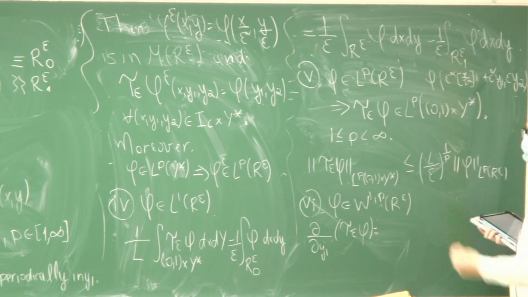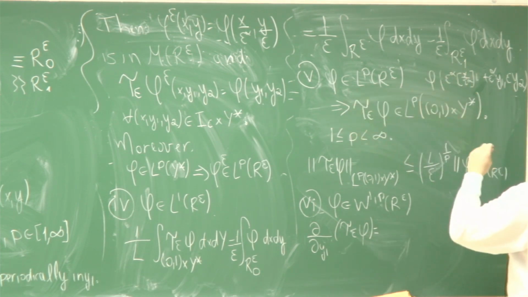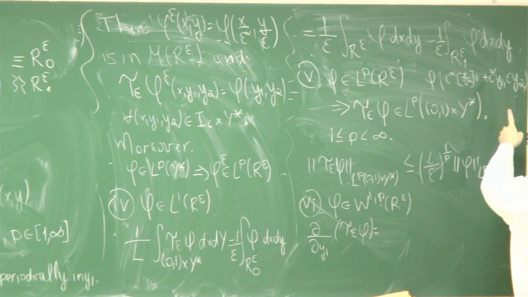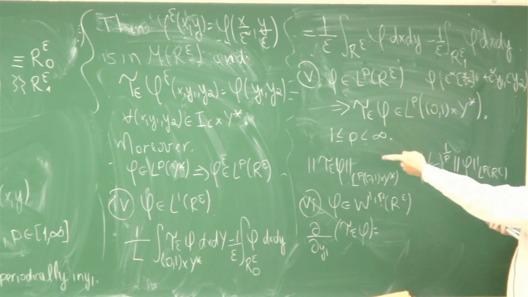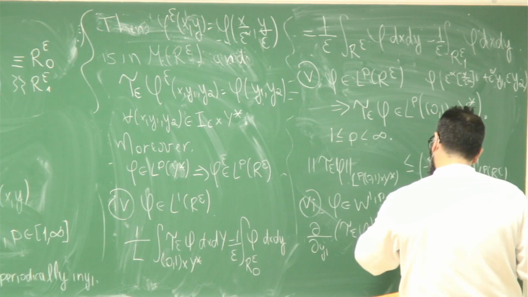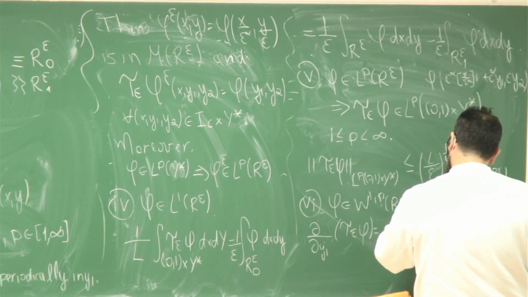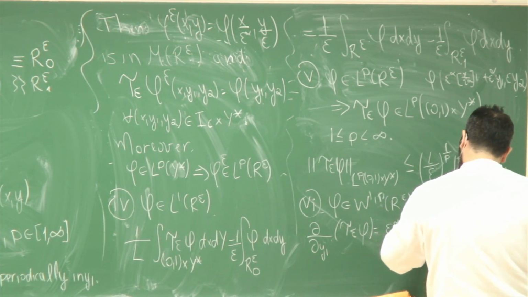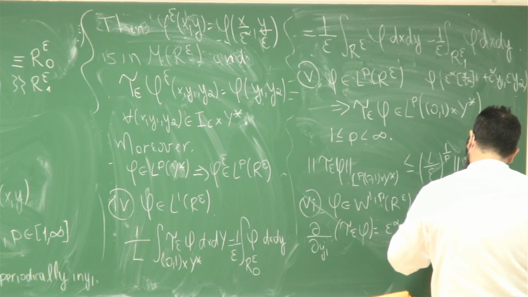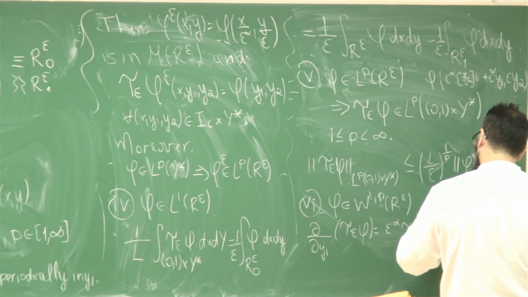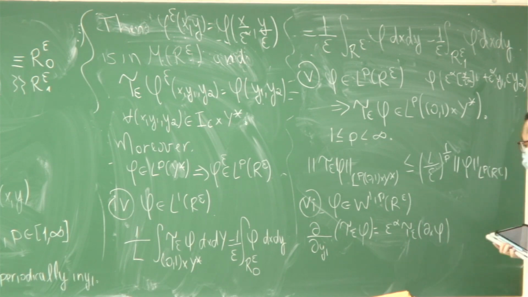This is basically the unfolding on the remaining of the domain, it's 0. So when you differentiate in y1, the epsilon alpha goes out as expected, and we will have the derivative in x of phi.